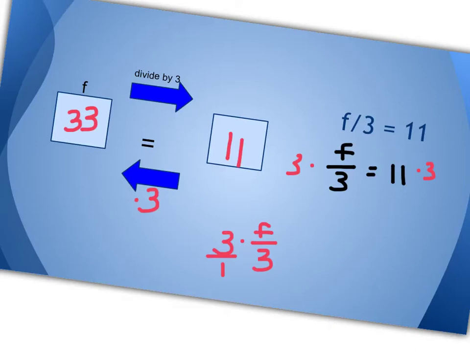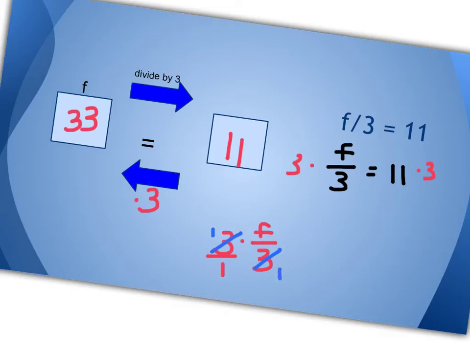Now, if you remember your rules for multiplying fractions, I can cross-cancel, meaning I can look on the diagonals and see if I can reduce. If you look on that diagonal, the 3's can both be divided by 3 and give you 1.